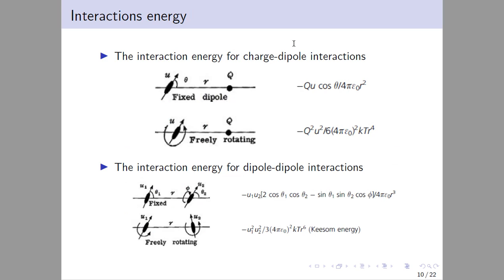Okay, so these are the van der Waals forces. The first one is the interaction energy for charge and dipole interaction. These are the formulas of the force. When we see this figure, we can derive this equation.